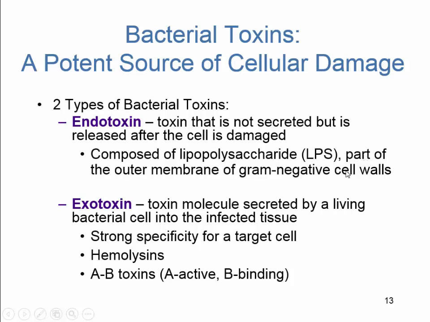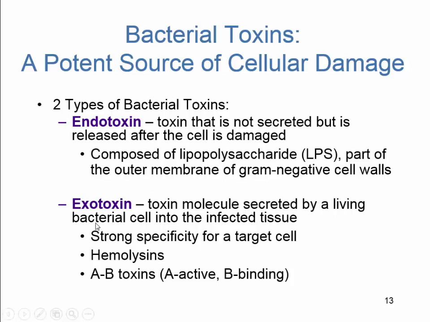It's that major outer layer. And so when the bacterial cell is lysed, the lipopolysaccharide components are released, and then they can act within that site of infection where the microbe was burst.